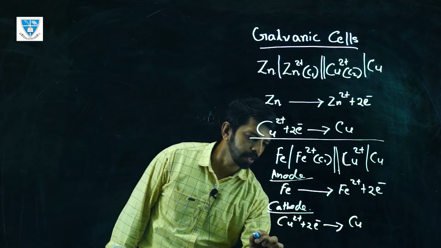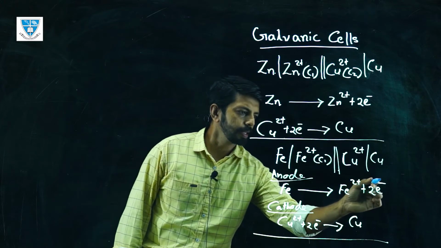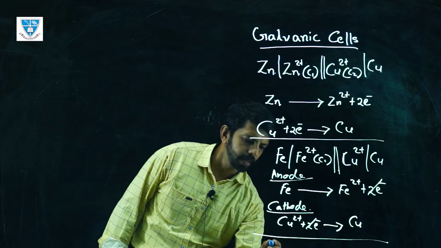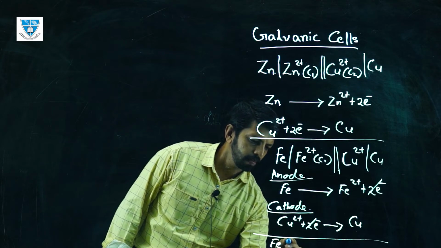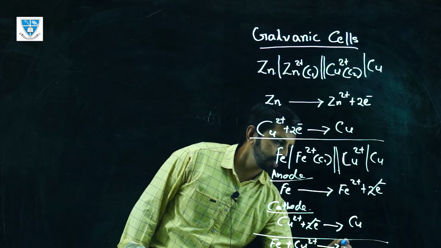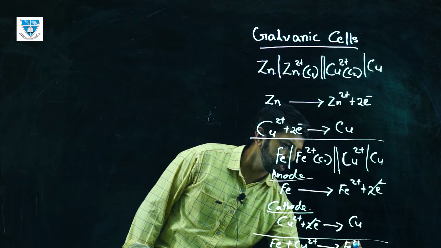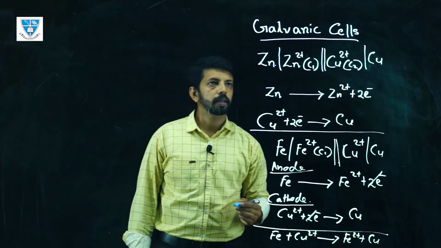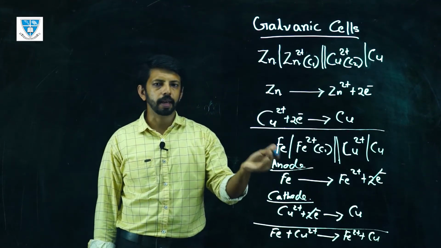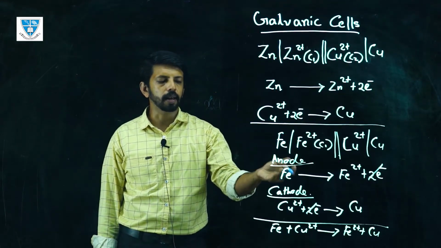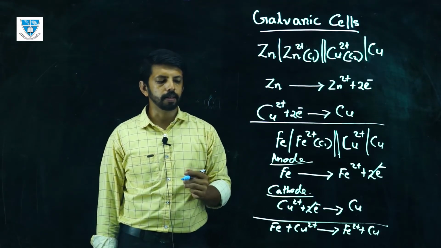So the overall cell reaction, cancelling the 2 electrons, is Fe plus Cu2+ gives Fe2+ plus Cu. So very simple, we can write the anode reaction, cathode reaction, and overall cell reaction.